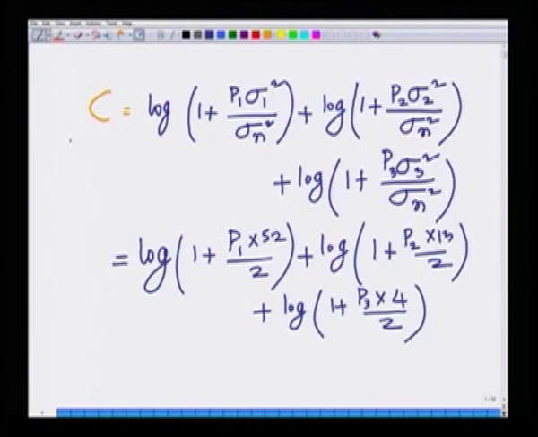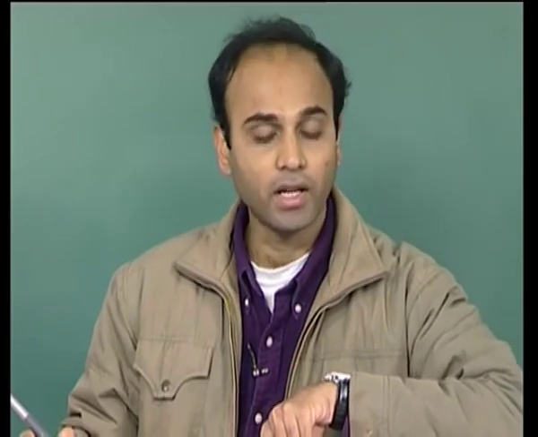So, this is the capacity optimization that we want to look at. Of course, this is subject to the constraint that P1 plus P2 plus P3 is less than or equal to 0.75, that is the total power available with the transmitter.